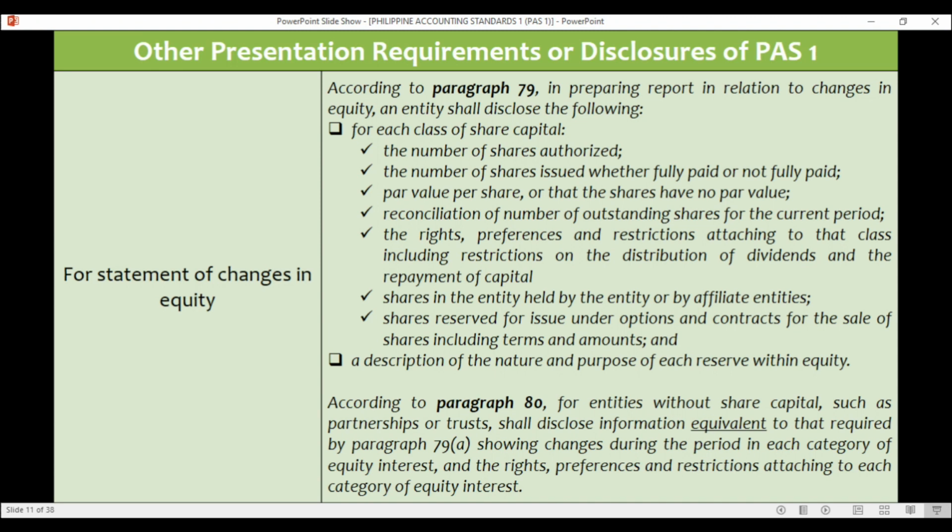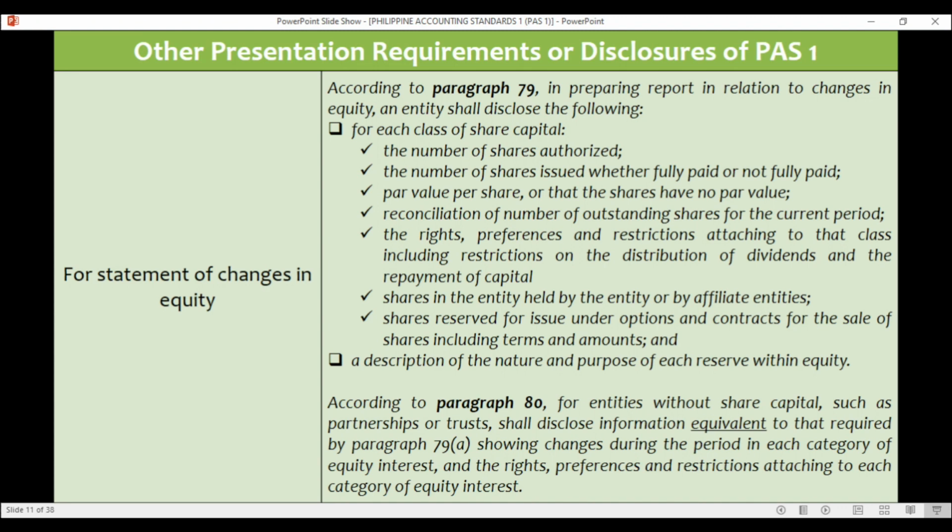So meaning, if an entity like partnership and trust do not have share capital, at the very least what is stated in paragraph 79 should be disclosed in equivalent manner. Not necessarily that they will disclose number of shares, no, just equivalent information.